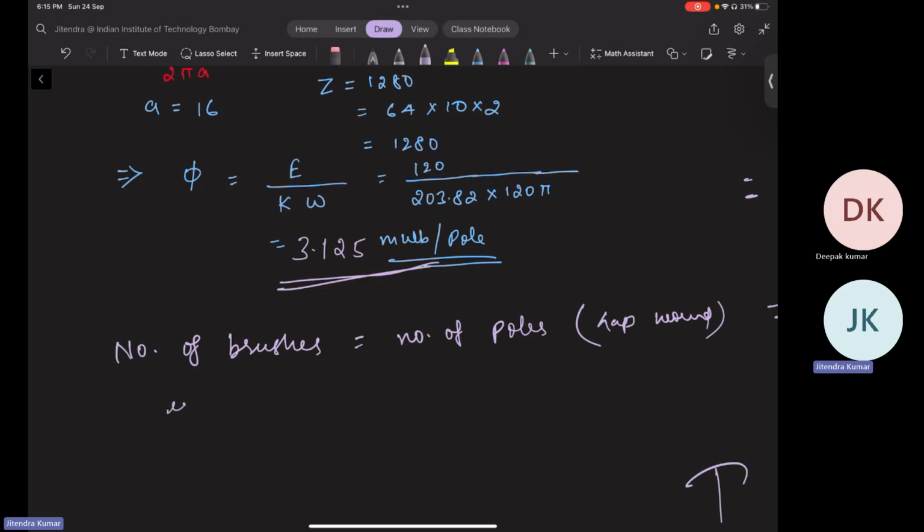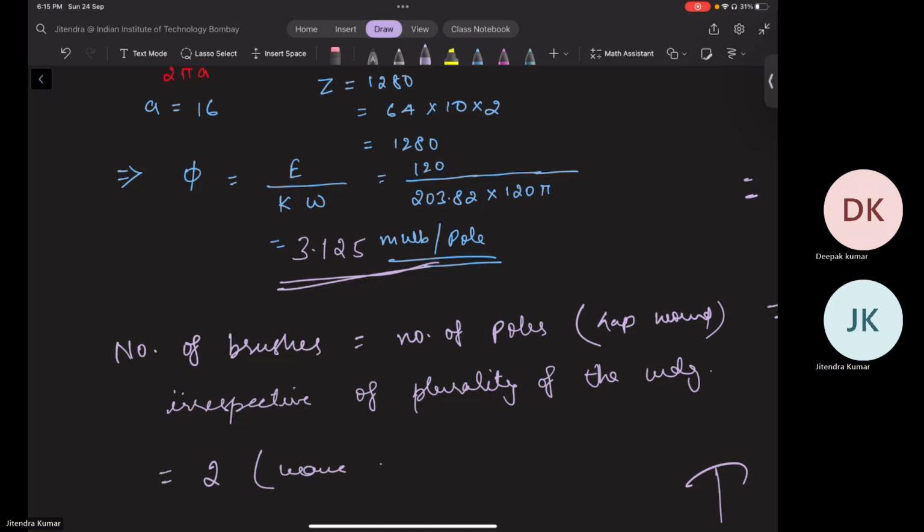It is irrespective of the plurality of the winding. And it will be equal to 2 for wave wound, right?